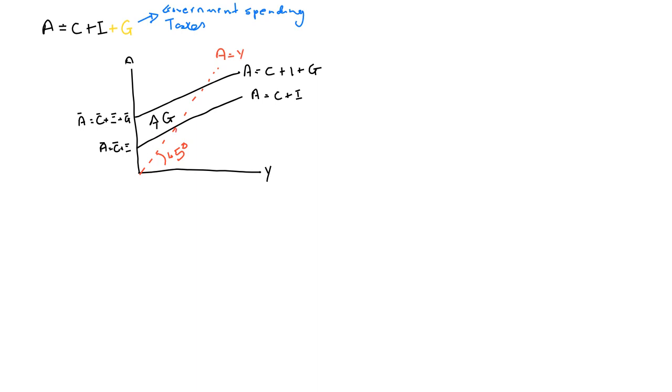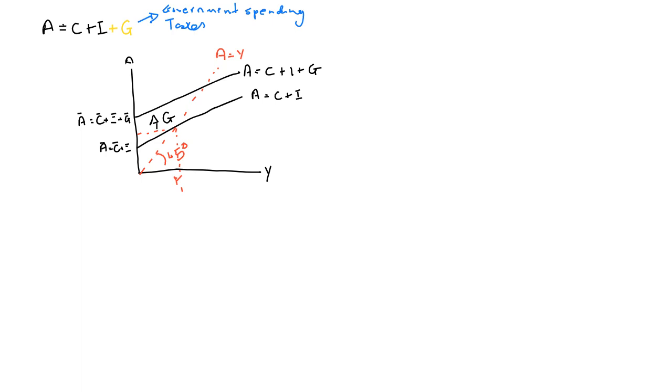So at Y1 we were producing, or having income, at a certain level.